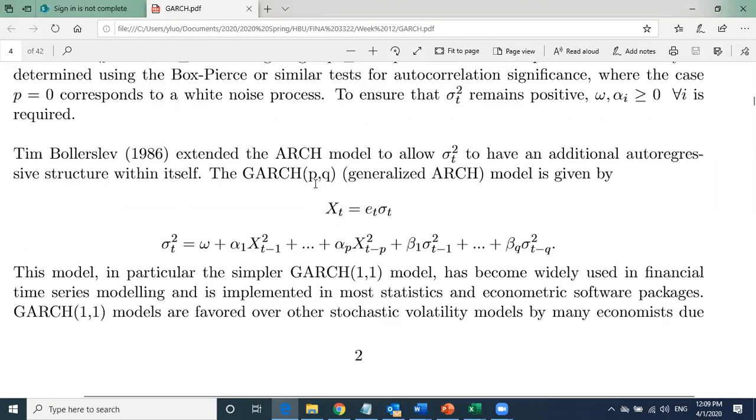The GARCH model says the current stock volatility is not only associated with the previous days' stock returns squared, but also with the stock's previous variance. You see they add this part.